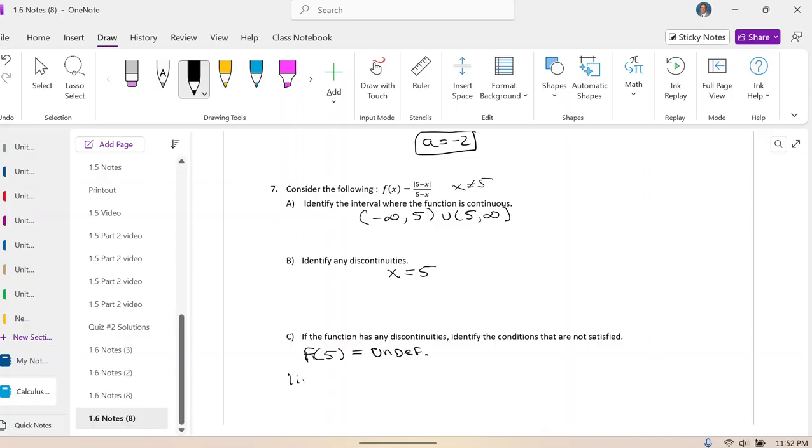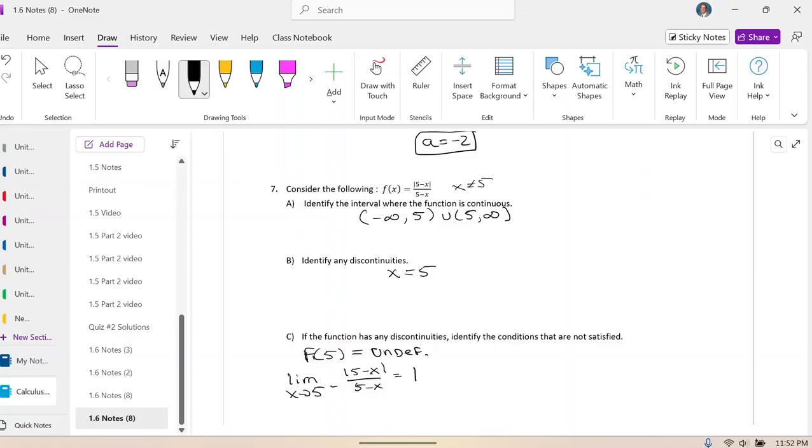And also the limit as x approaches 5 from the left. Well, from the left is numbers like 4, 3. Think what happens when you put in those numbers. Like, let's say you put in the number 4, you would get 1 over 1, which is 1.